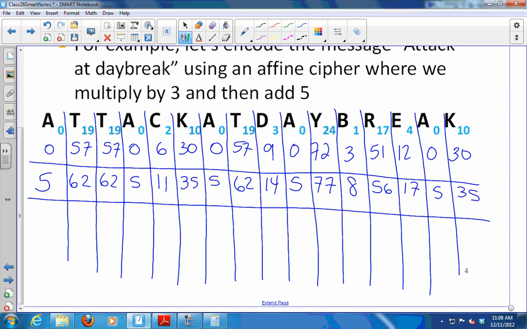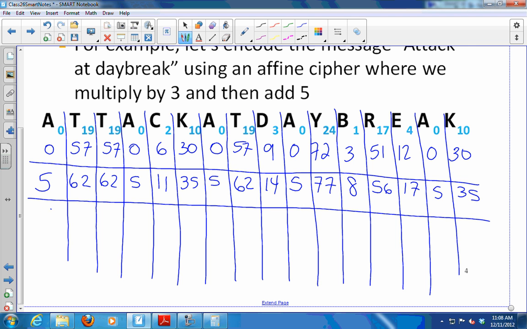Do it again. Or you could think of it as dividing by 26 and giving the remainder. Because repeated subtraction is the same thing as division. So you can subtract 26 over and over until your number is the right size. Or you can divide by 26 and give the remainder. It's really the same thing.